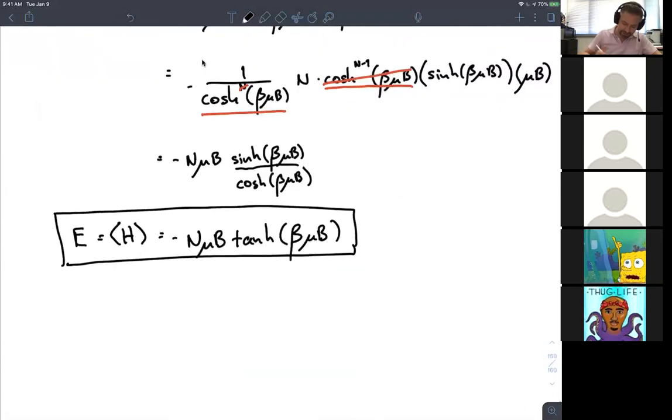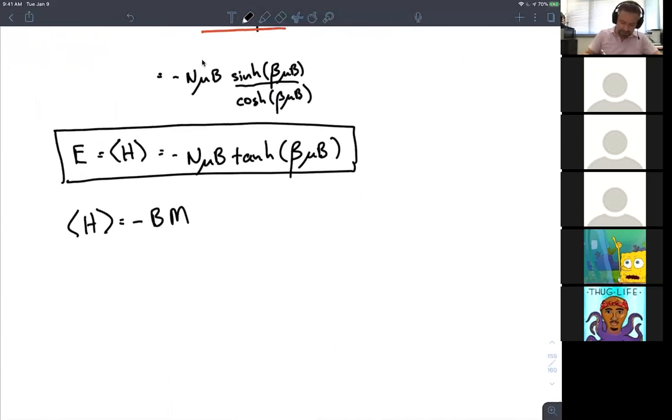So if we go back down here, we know that the average Hamiltonian is minus magnetic field times the magnetization, and hence our magnetization is minus the average Hamiltonian divided by B. And that is N mu tanh beta mu B. There it is.